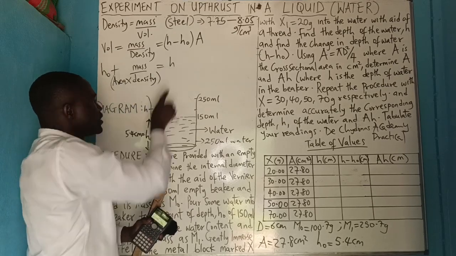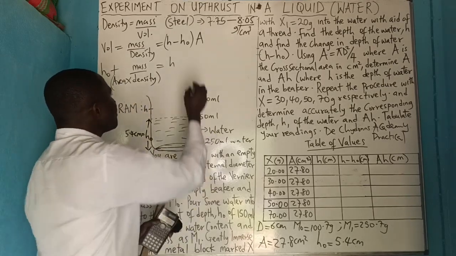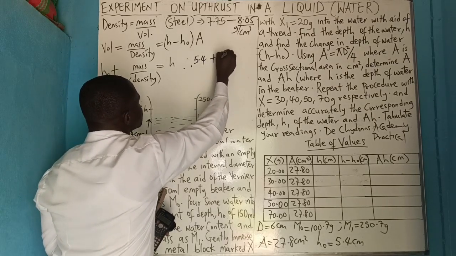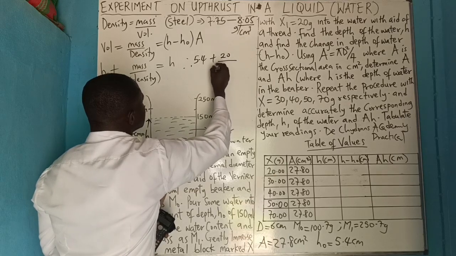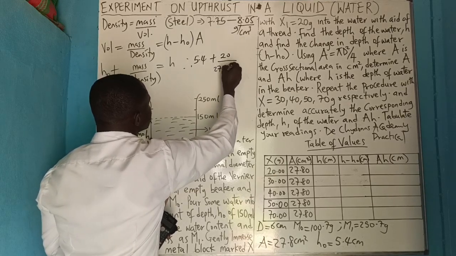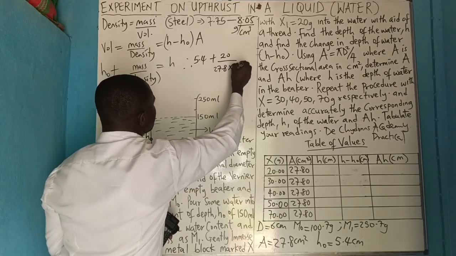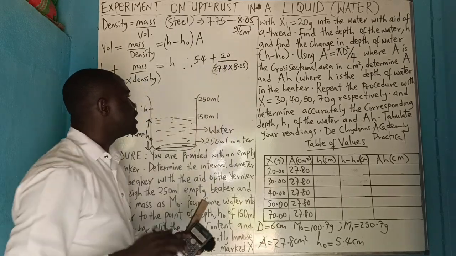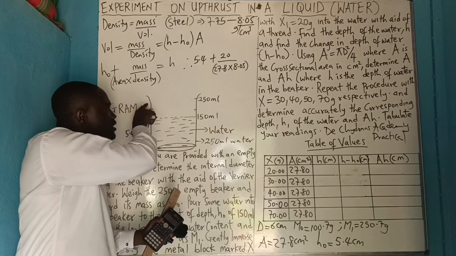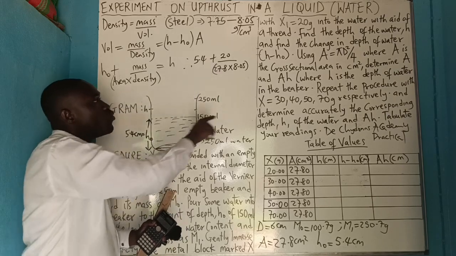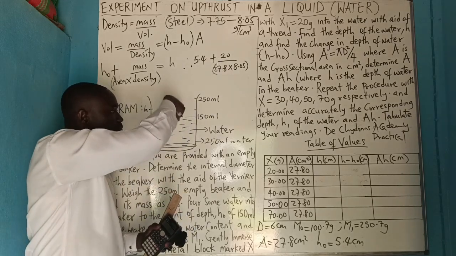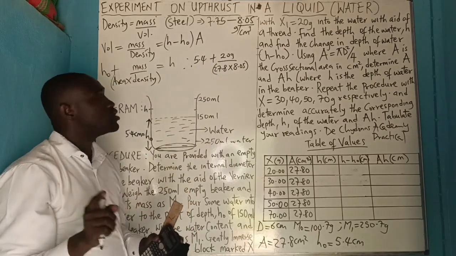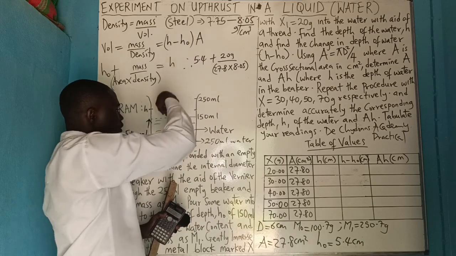That means if I say 5.4 plus 20 over 27.8 times density 8.05, once I compute this, it will give me the height we will get when you put 20 gram of that steel inside this water.